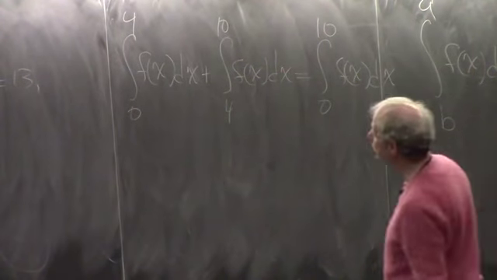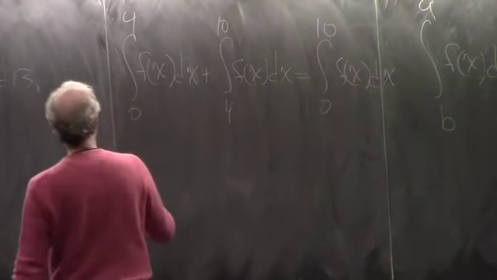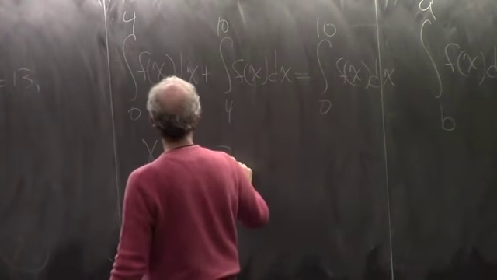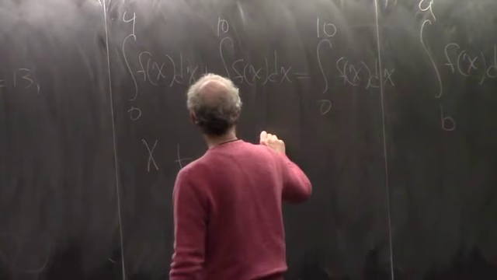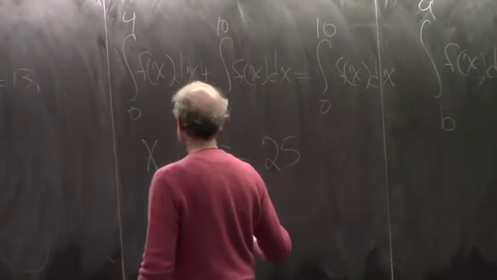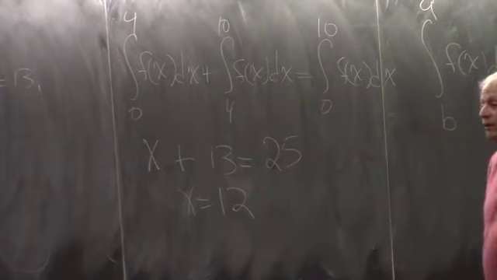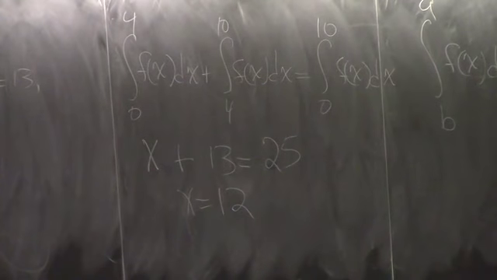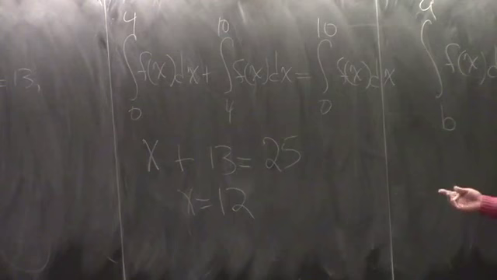So the integral from 0 to 4 is what we're looking for. The integral from 4 to 10 is 13. The integral from 0 to 10 is 25. X would just equal 12. So far, so good? Now I could make that from 4 to 0 instead of from 0 to 4. Then your answer would be negative 12.